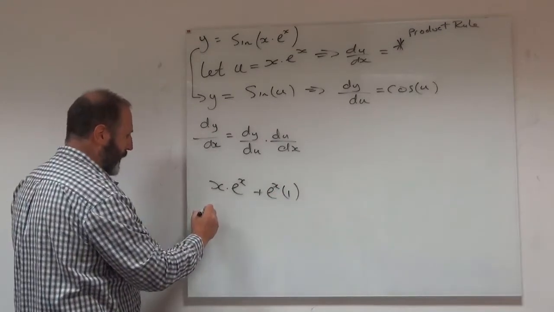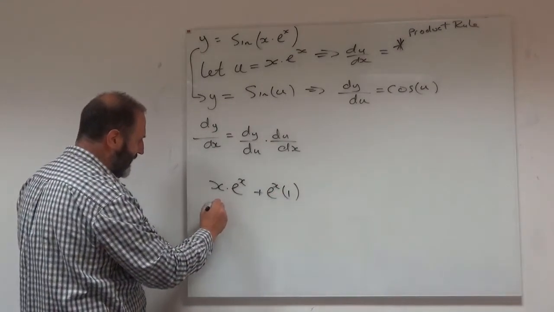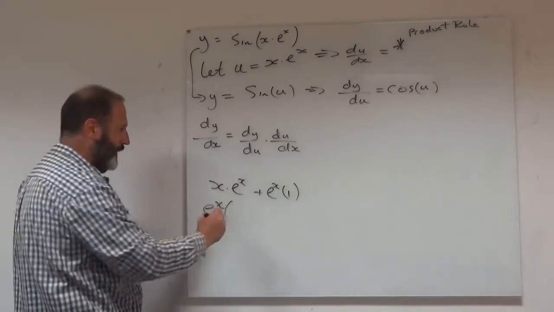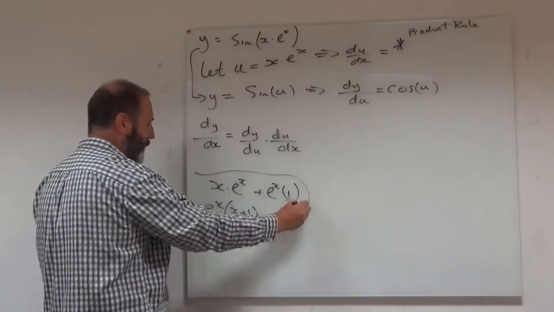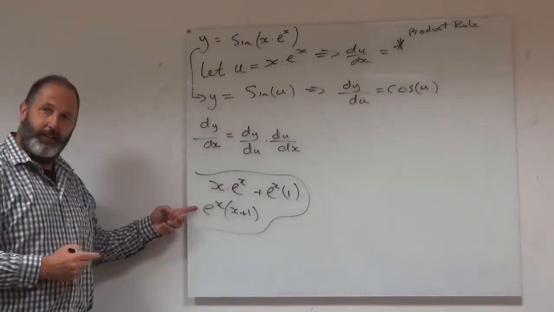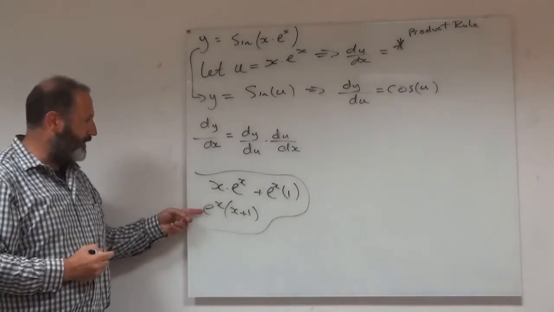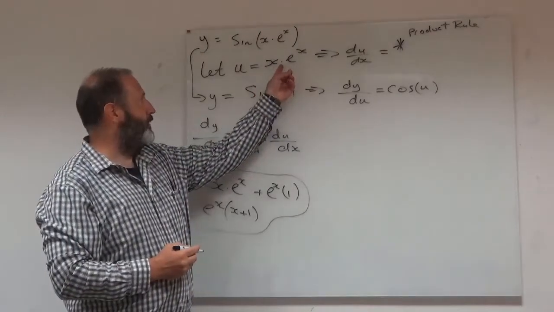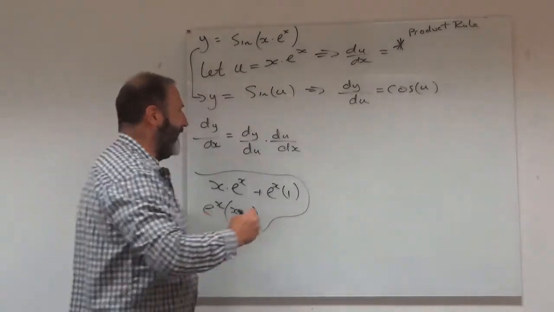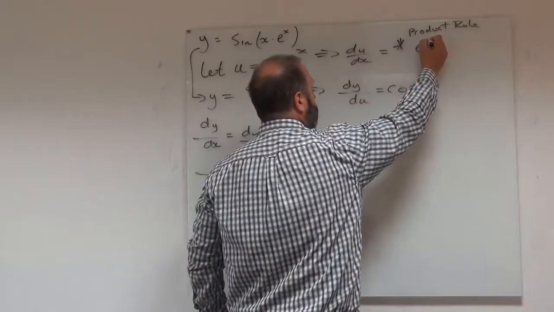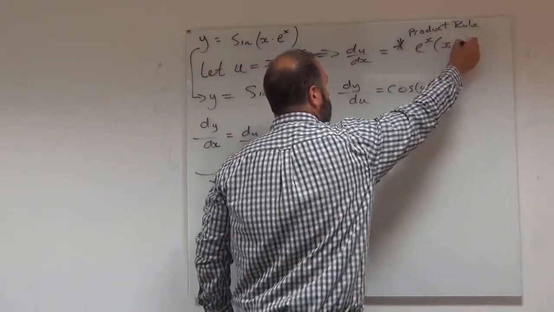And if I tidy that up, I will have e to the x as my common term and x plus 1. That term there is the differential of u, so that's my solution to go up here: e to the x, x plus 1.